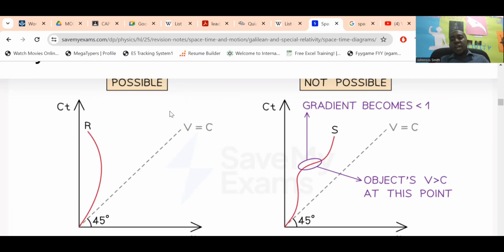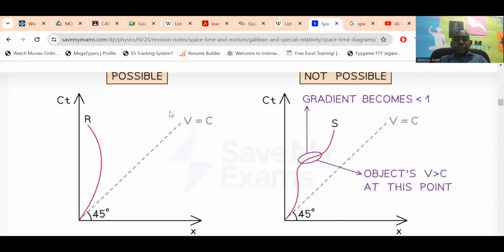But if you're curving away from the vertical axis, then that means your gradient now will be greater than 1. Right? So that means that you will have an object going faster than the speed of light, which is not possible. And that's what we see between these two diagrams.